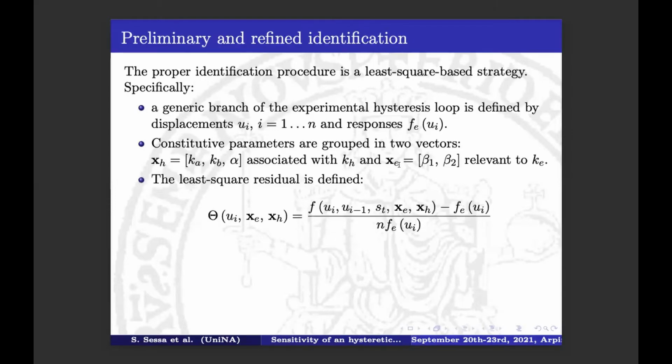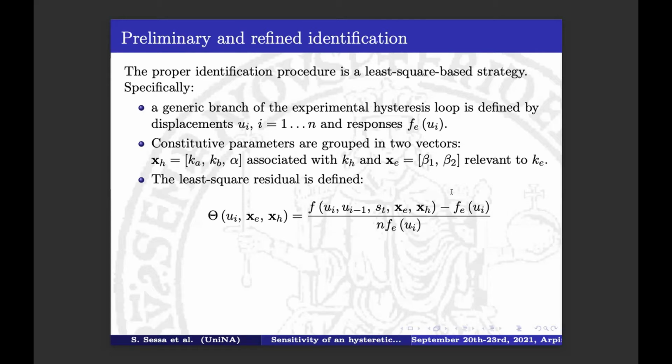And we set a least square residual by means of the relative difference between the theoretical response, which is this one, Fe, and the experimental response, Fe, and the computational one that we get, which depends on the specific set of parameters.